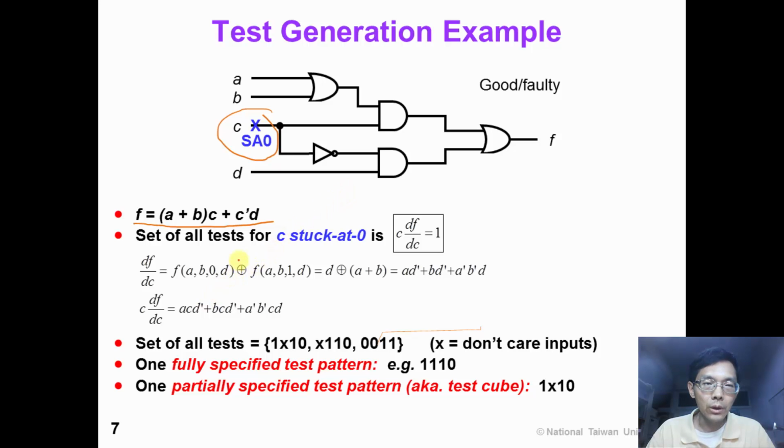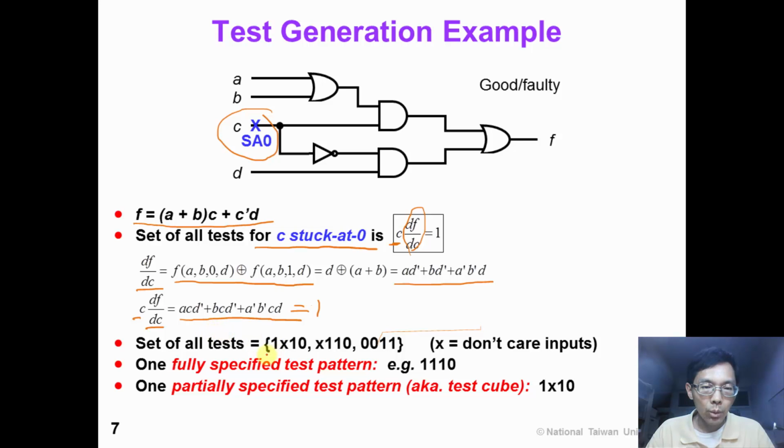The set of all tests for C stuck at 0 is C times df dc equal to 1, where df dc can be found by this formula. So C times df dc is equal to ACD prime plus BCD prime plus A prime B prime CD. This term must be 1.